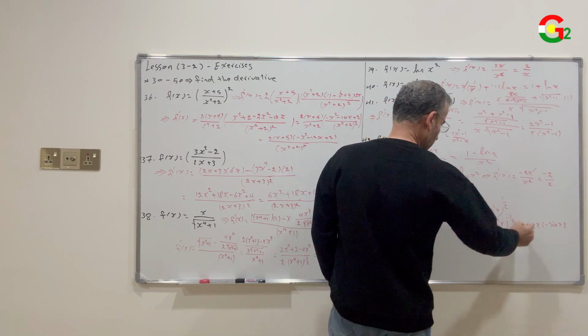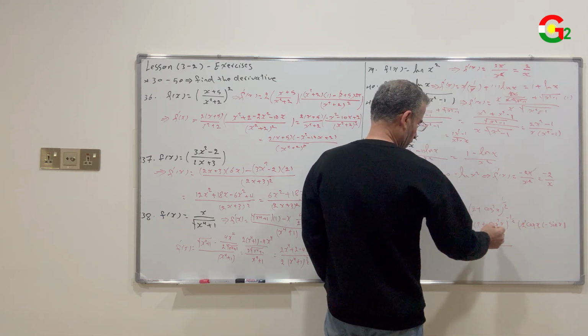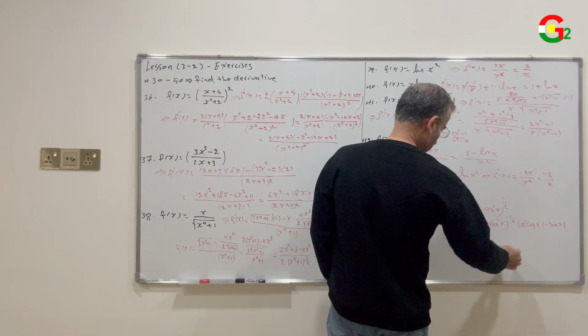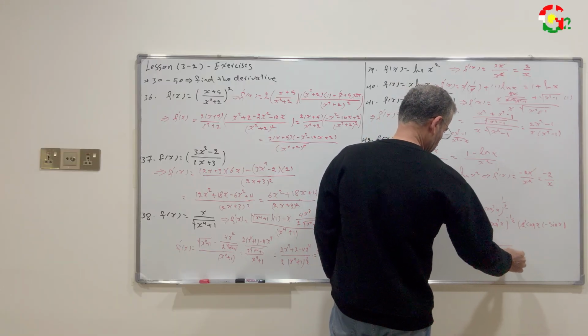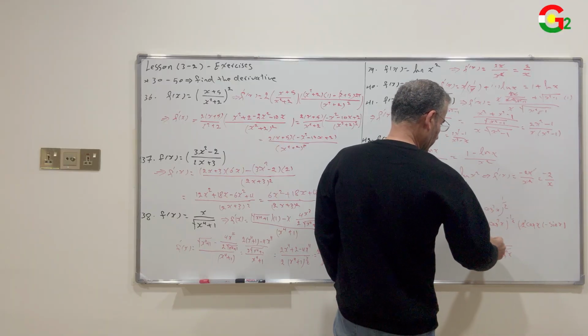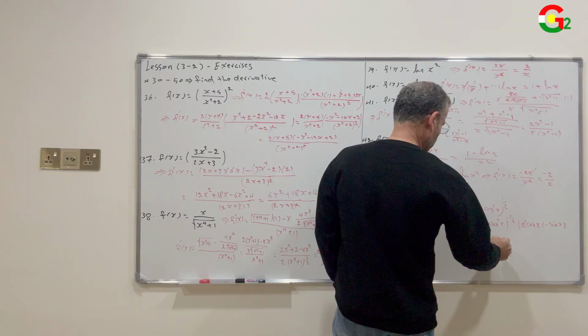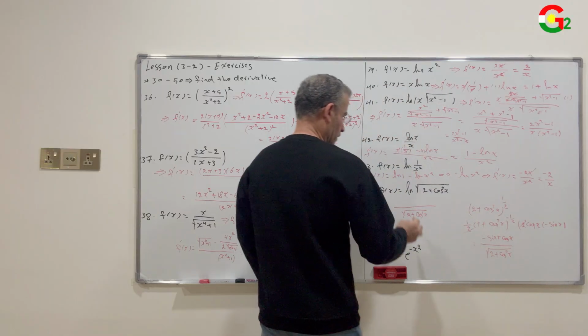derivative, reduce 2 with 2, move this root to the denominator, it will be 2 plus cosine squared x in the numerator, negative sine x cosine x.